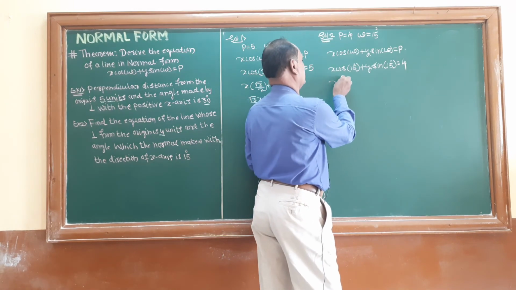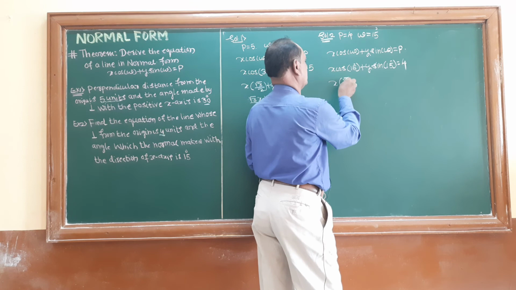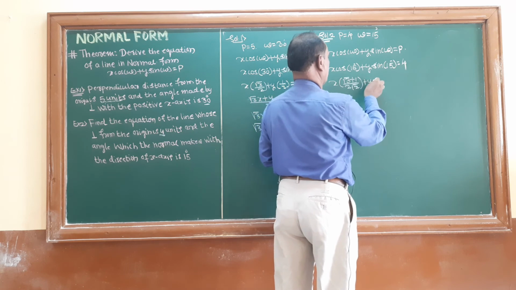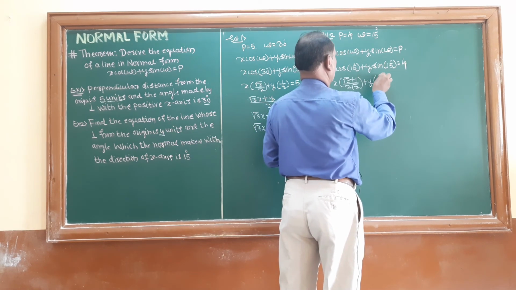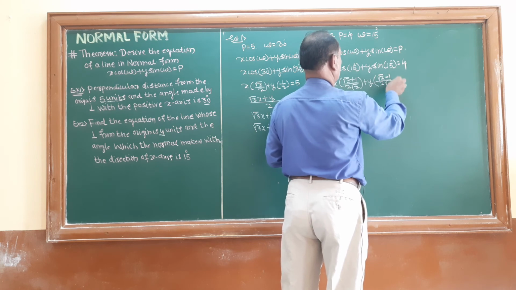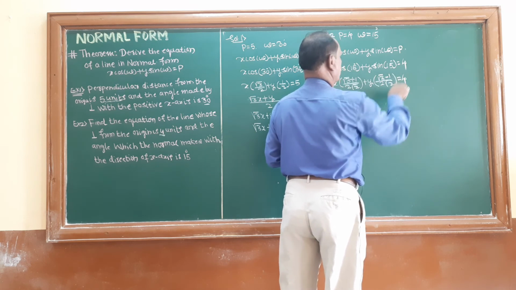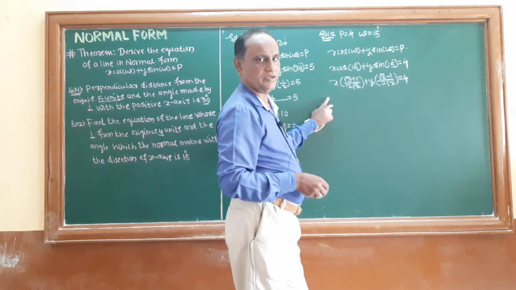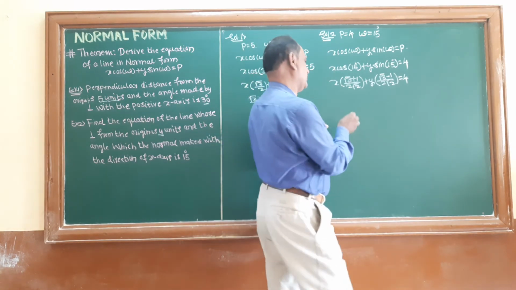So x times cos 15, which is root 3 plus 1 divided by 2 root 2, plus y times sin 15, which is root 3 minus 1 divided by 2 root 2, is equal to 4. Taking the LCM, 2 root 2 is the LCM.